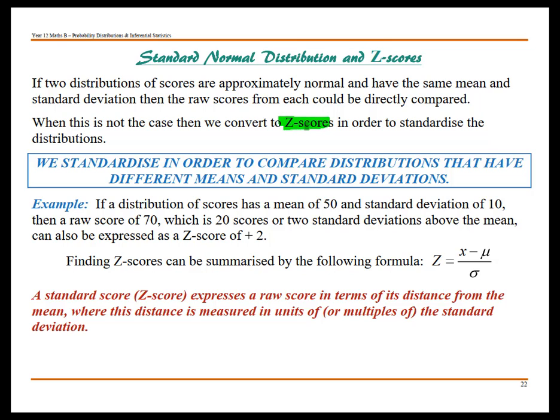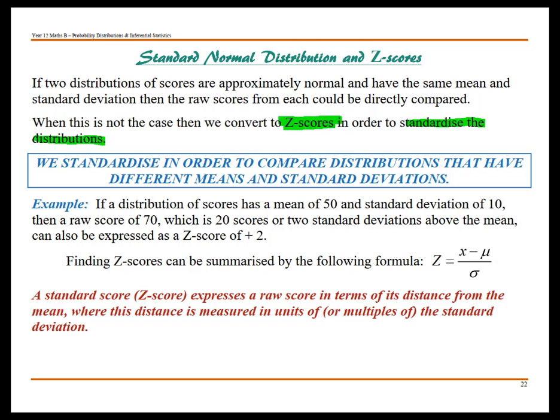Okay, so we do what we call standardizing our distribution. It's kind of like when we convert values to percentages, so we can compare percentages. We compare our values to standard scores so we can compare them. Okay, so we're getting distributions with different means and standard deviations, turning them into standard distributions, which will have a mean of 0 and a standard deviation of 1.